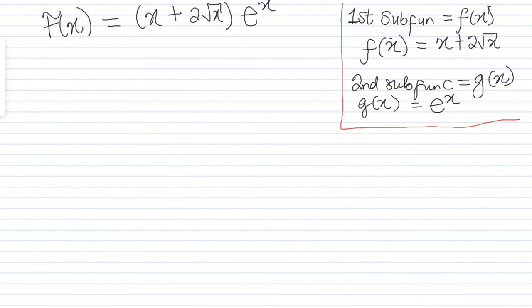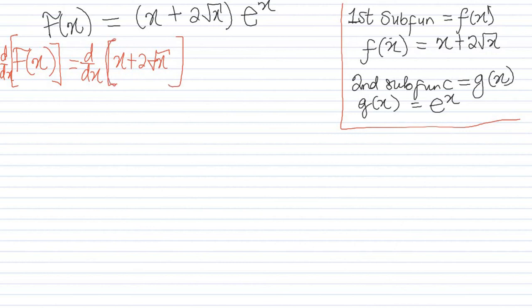So now we have f prime of x, d dx, equals d dx of the first subfunction, which is x plus 2 root x, multiplied by e to the x, plus d dx of the second subfunction, the derivative of e to the x, multiplied by just the first subfunction.